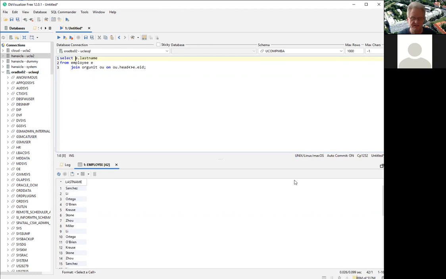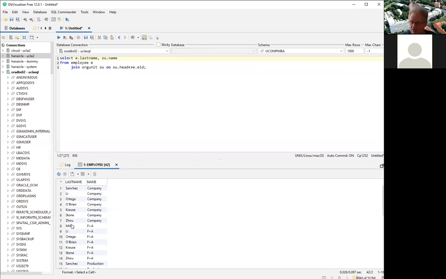Why is that the case? And let's add the OU dot name, it's also called name, if I remember correctly. So for example, you see Sanchez connected with company, Lee connected with company, Ortega, and so on.